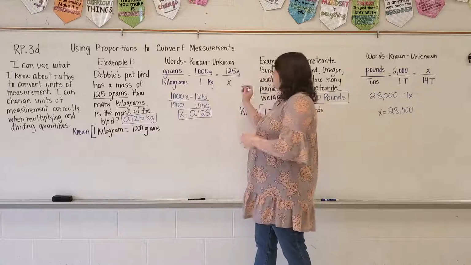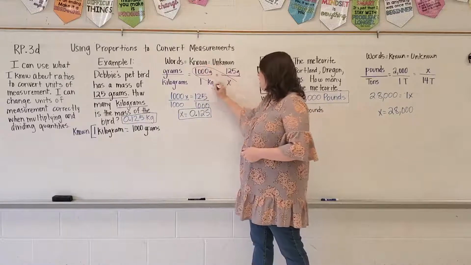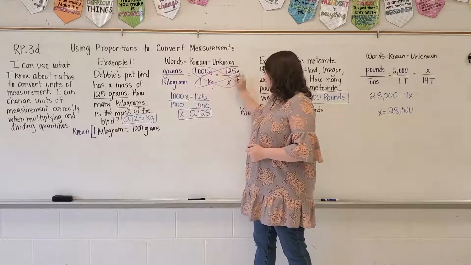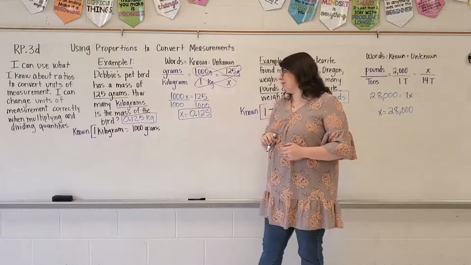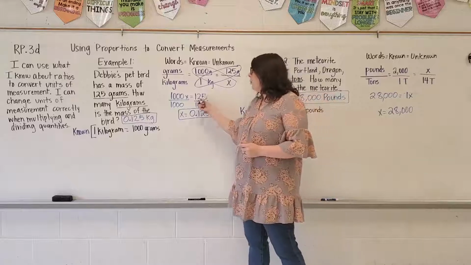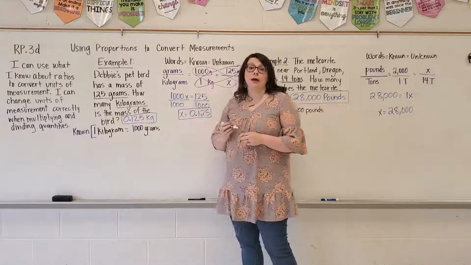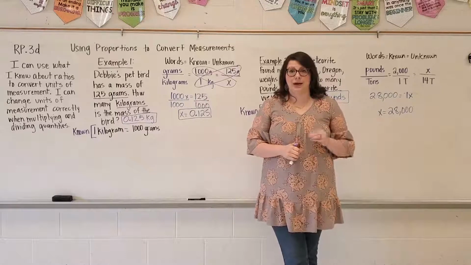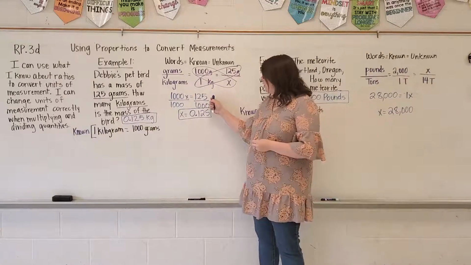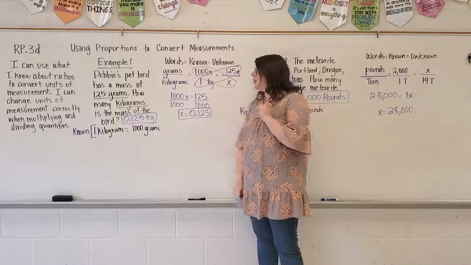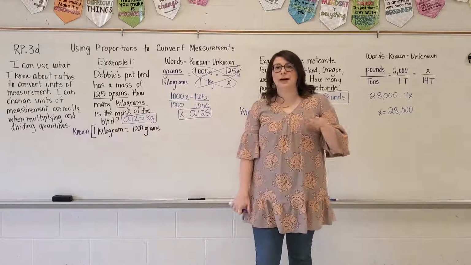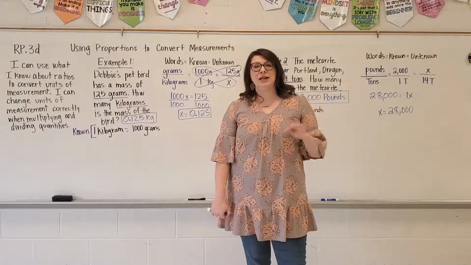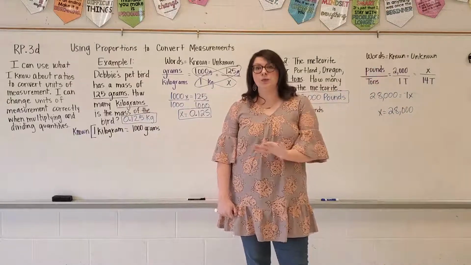So we're going to say 1,000 times x, and we get 1,000x, and 125 times 1, and we get 125. Now, we're going to divide by 1,000 on both sides because we're using the inverse operation to get x, the variable, by itself. So we say 125 divided by 1,000. If you'll notice, 125 divided by 1,000 is a proper fraction, which means that it will turn into a decimal.